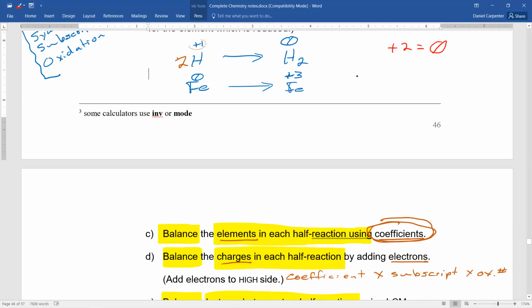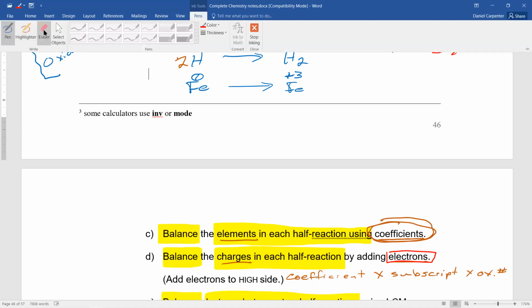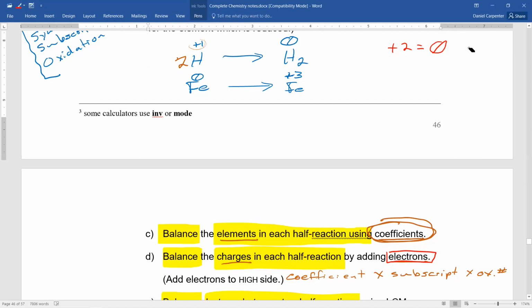So how do we get these two sides to equal? Well, you add 2 to the right, except no. We are adding electrons, and electrons are negative. If I added 2 electrons, plus minus 2, I'm sorry, negative numbers.